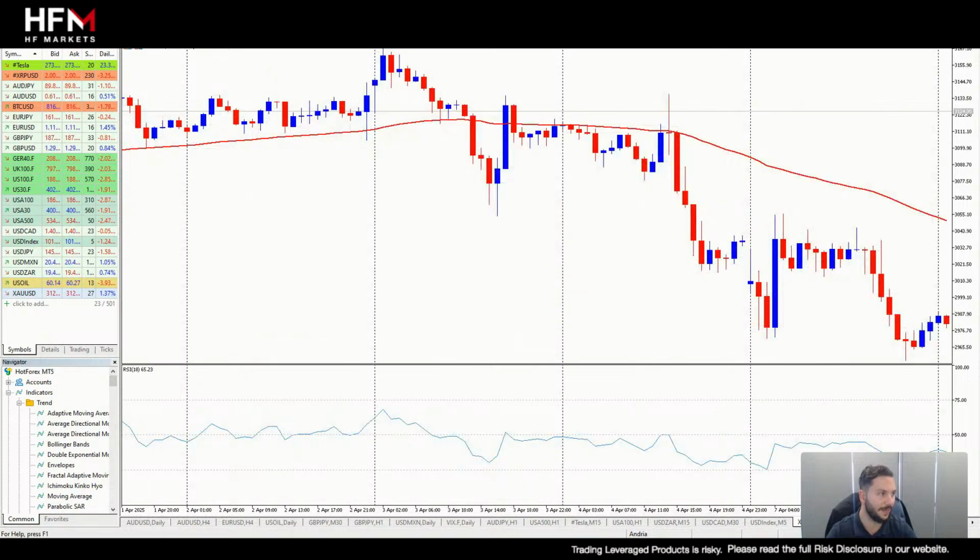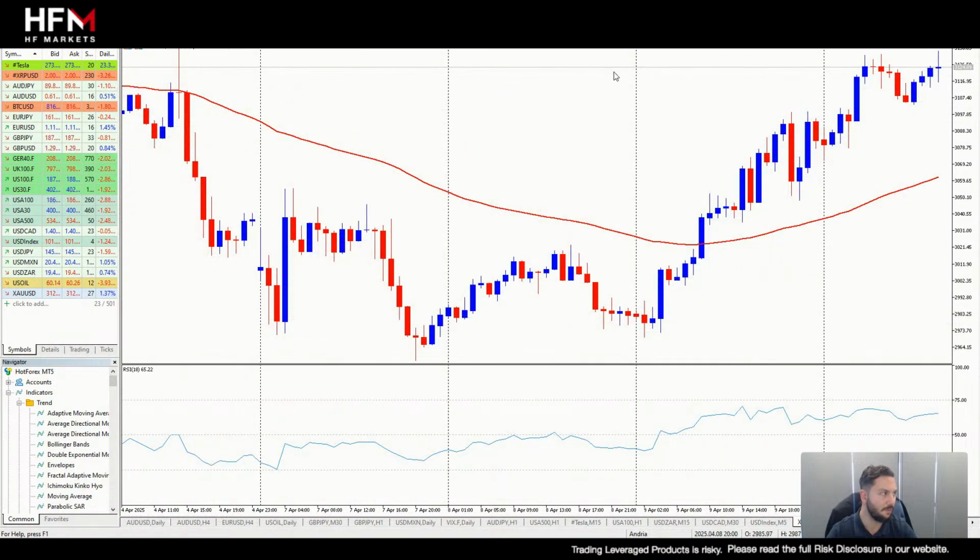Let's go into a 1 hour time frame to see if it will give us more information on that divergence. So yes, we can see there's divergence here. You can see the highs are higher on the actual price movement. But if we look at the highs on the RSI, it's tilted lower.